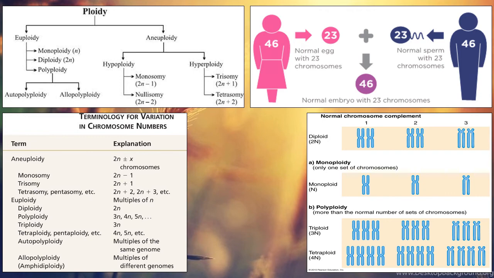But if, due to non-disjunction, the chromosomes segregate in such a manner that the 4N cell segregates into N and 3N, this leads to a single cell which has N chromosomes in place of 2N, and hence this cell will be known as the monoploidy state, and another cell which has 3N chromosomes will be known as the triploidy state.